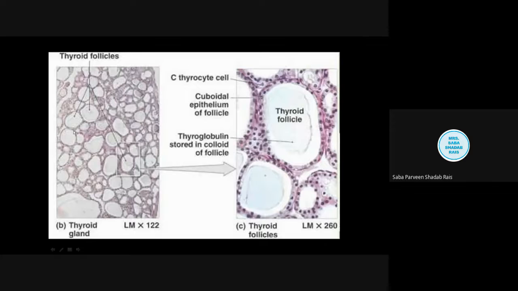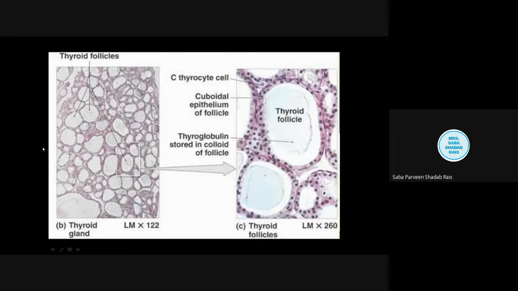Exactly spheres are not there, but you can say it is an irregular-shaped mass. It is also called the follicle, or it may also be called the acini. Each follicle is approximately 200 micrometer in diameter. Even if you observe it at 10x, it is really very visible.